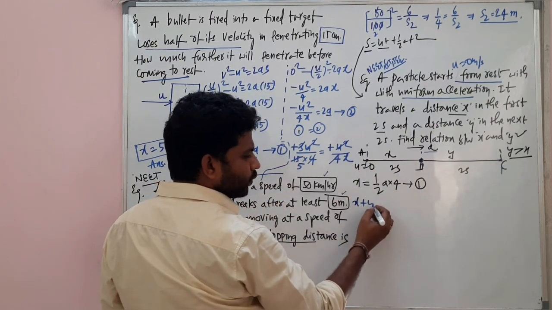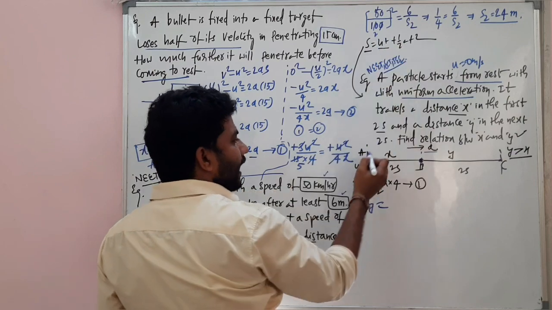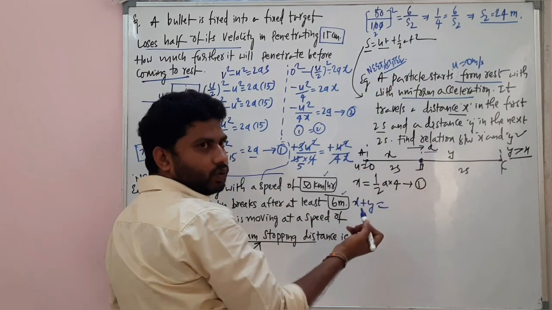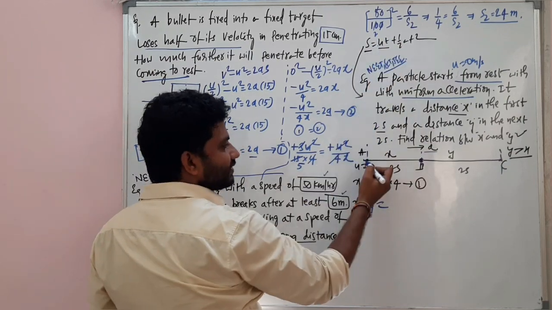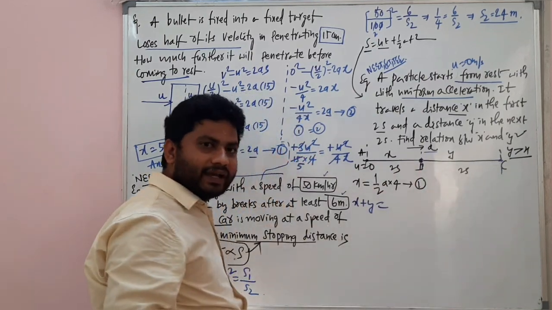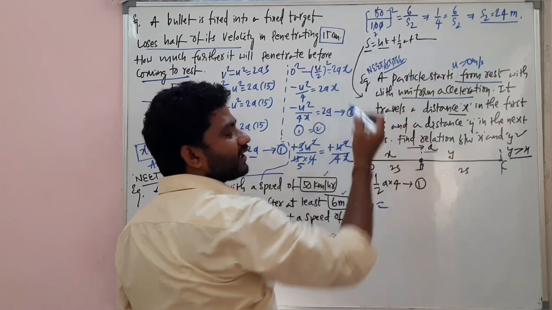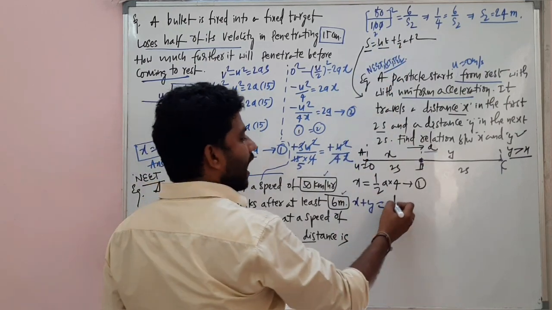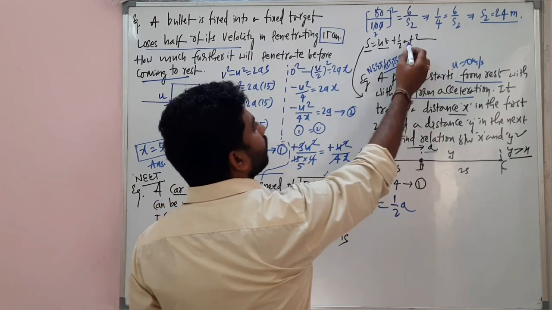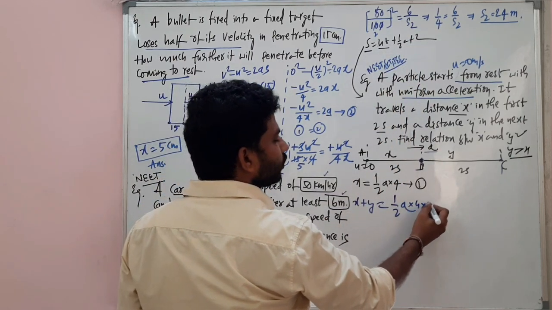See, x plus y is equal to u into t. At A, initial velocity is 0, right? 0 into t, where t is the total time from here to here, 2 seconds plus 2 seconds, it's 4 seconds. So 0 into 4 seconds is 0, plus half into a into t square. t square is 4 into 4.